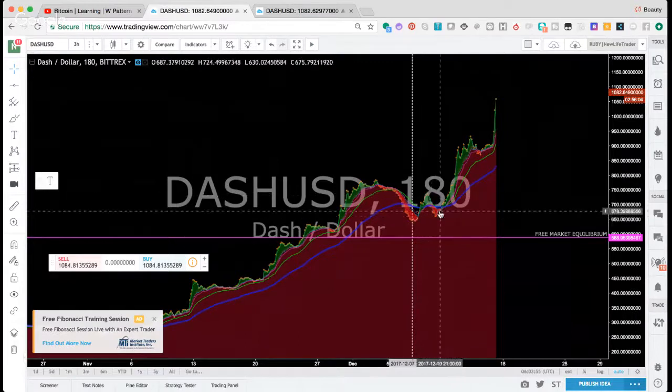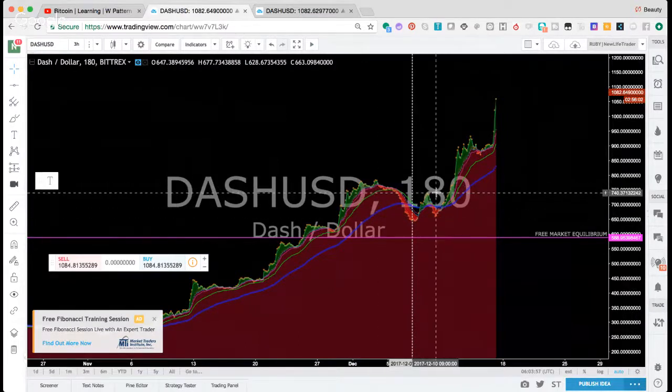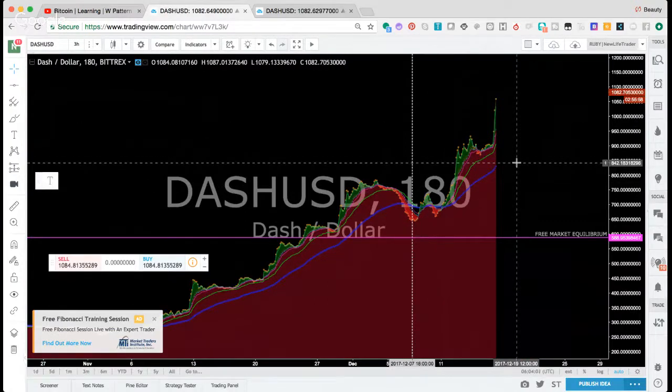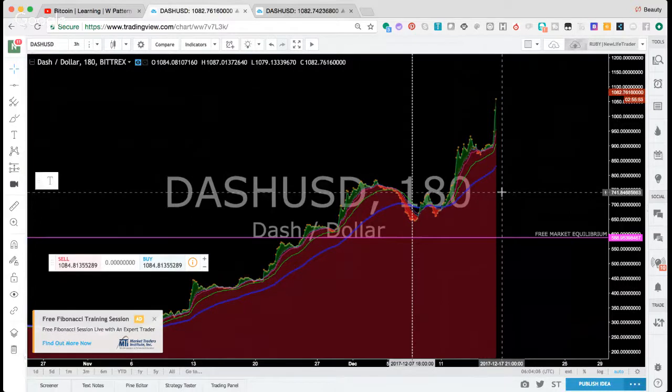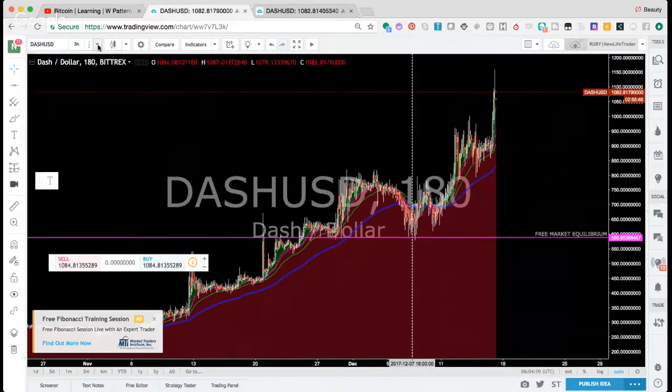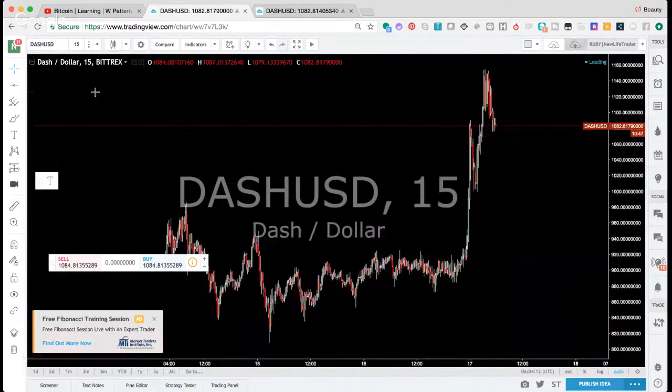You could look at it that we got a W pattern in, and then maybe we would take the trade from there, and then of course the trade just stops on that upward swing up there toward the top. Let's get our candlesticks back in. I'll show you what we can do to manage the trade.